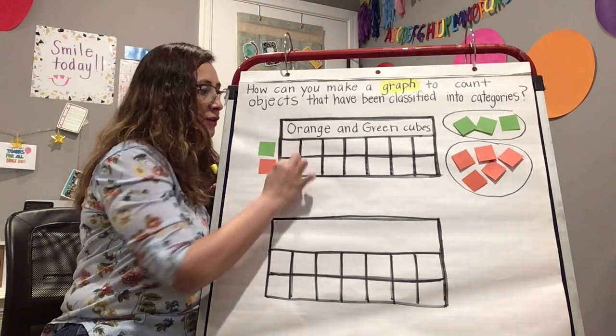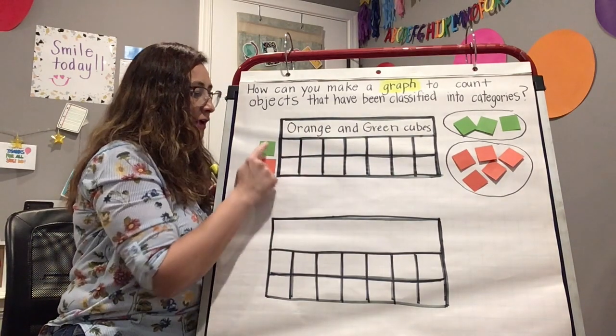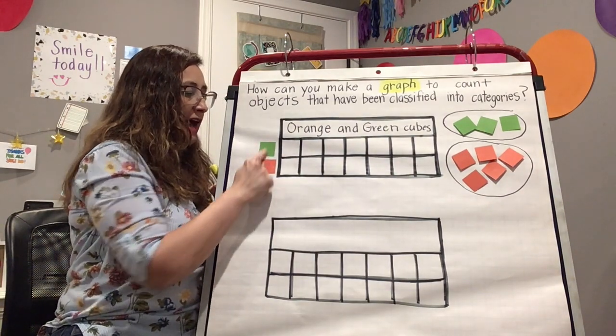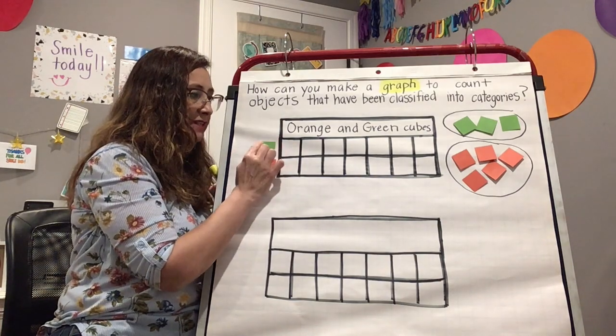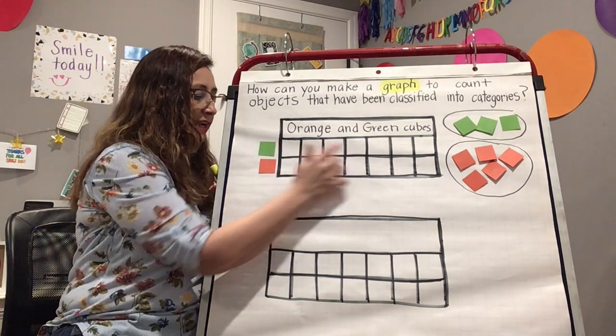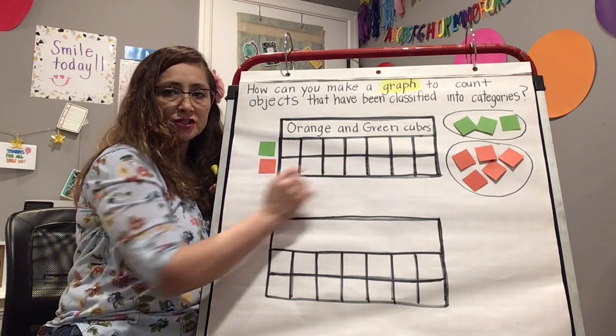Now remember, when you draw your graph, your categories have to be outside of your graph. This is just the category. It's to show me how many greens and how many orange. Okay?